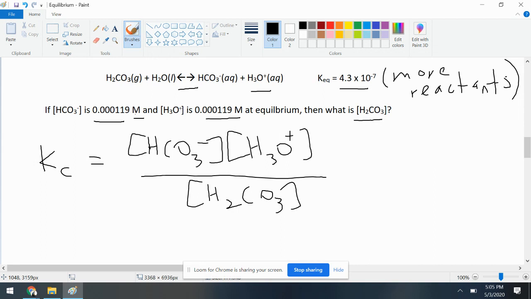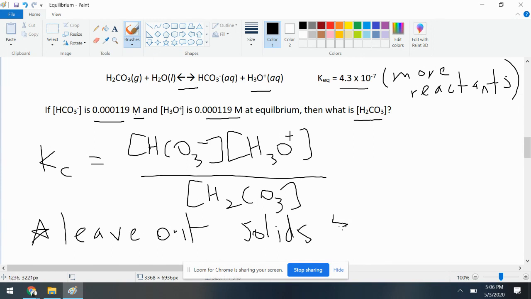Notice I'm leaving out the water. Why? Liquid water. So when you are setting up your expression, make sure you leave out these two specifically, and I'll tell you why in a bit. Leave out solids and liquids. This is where you have to check the phase notation.